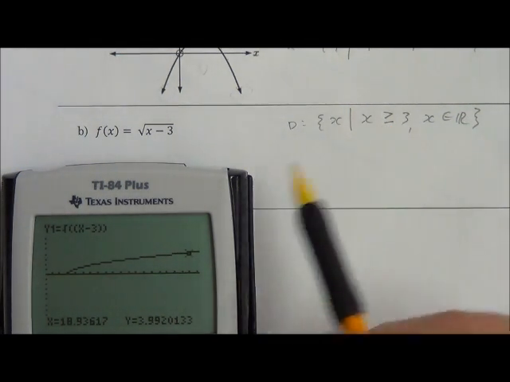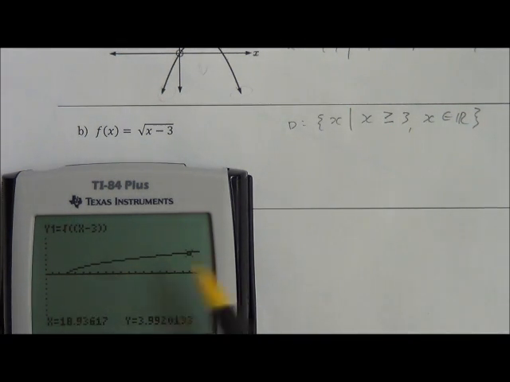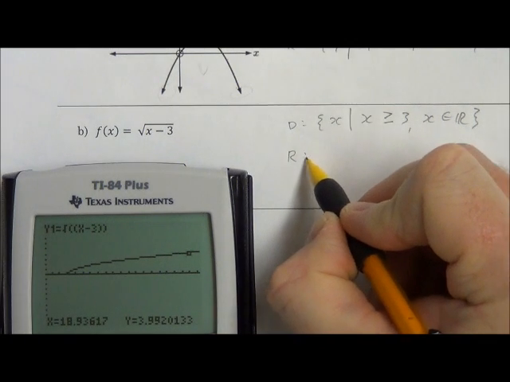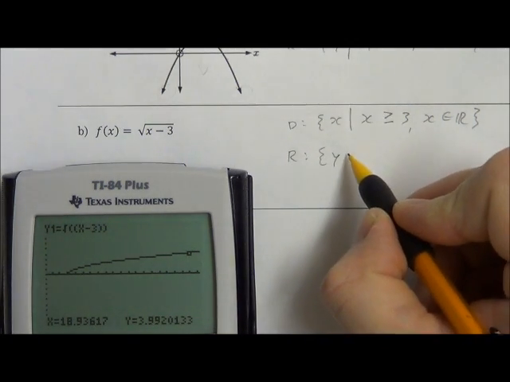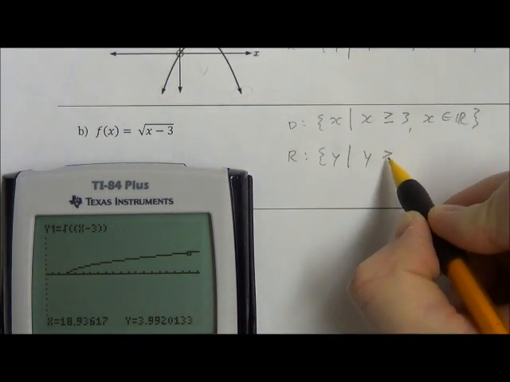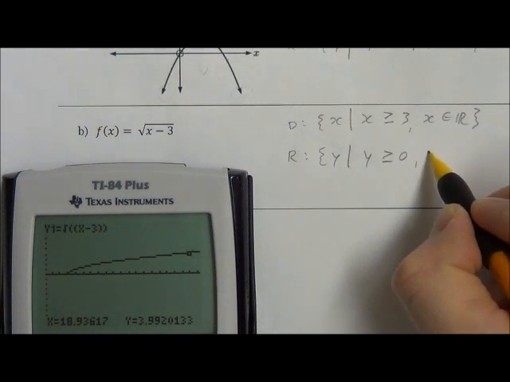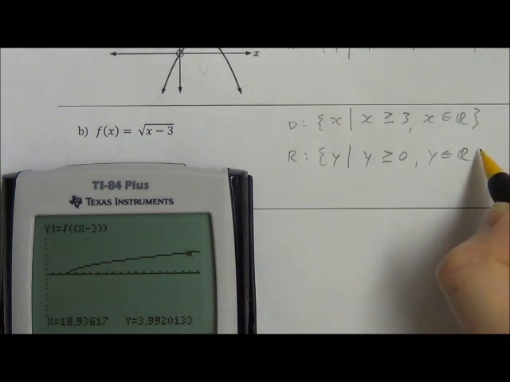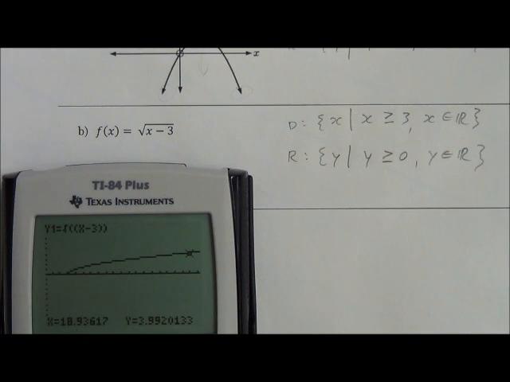Okay, so it's equal to 3 because it starts right at 3 there. And the range is the set of all y values such that y is greater than or equal to 0. And of course y is also a member of the real number system.